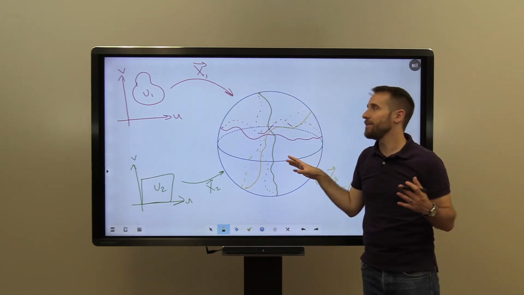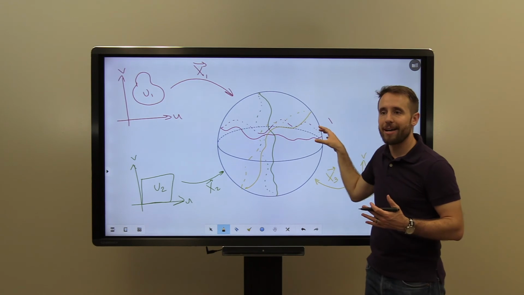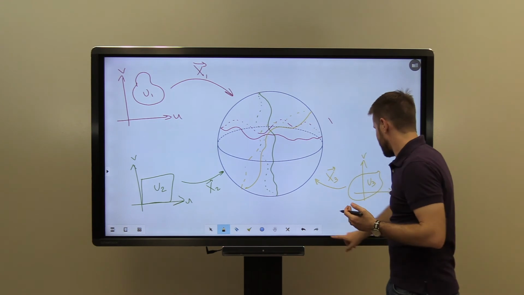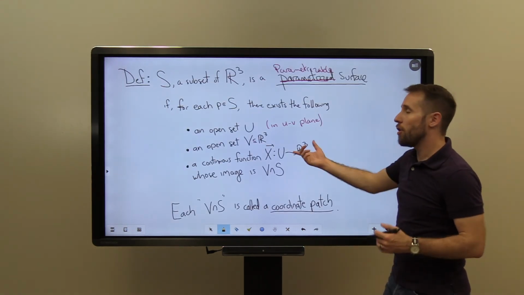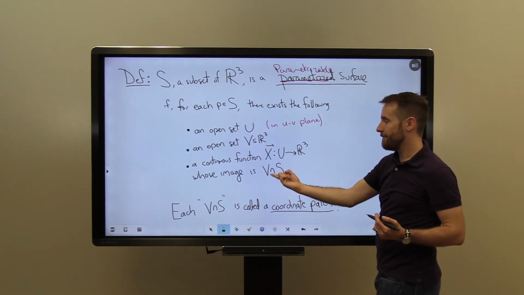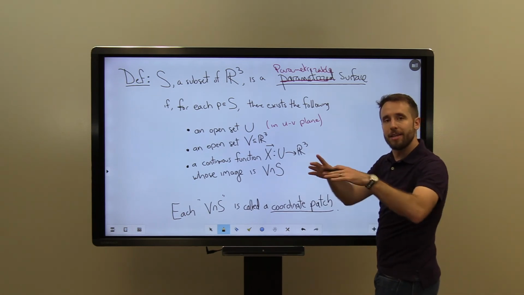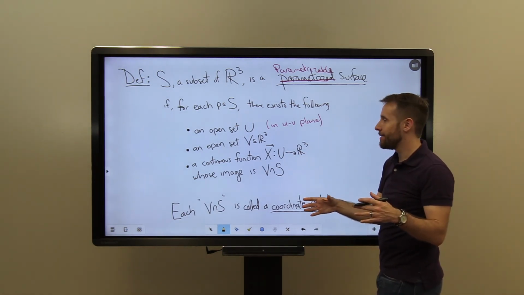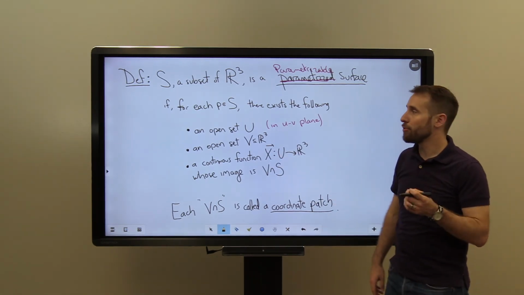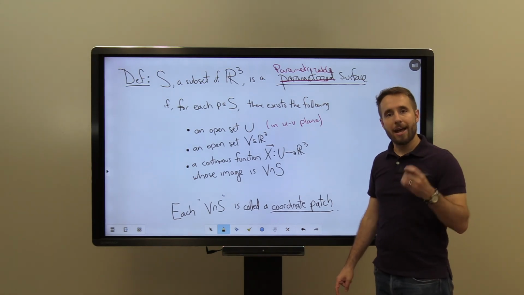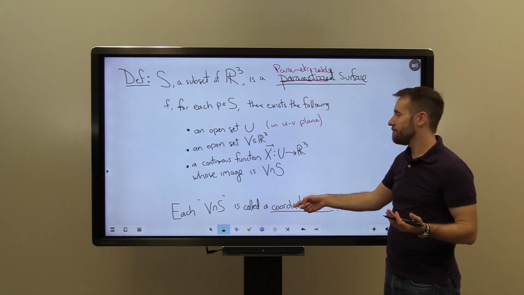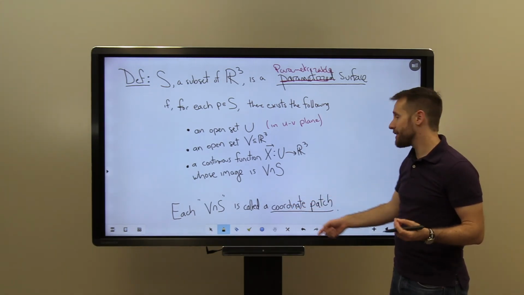And so that allows me to define this piece up here, this coordinate patch, as the intersection of this open set and this parameterized surface. Okay, so our open set is in R3, and then this intersection, V intersect S, will be the coordinate patch on the sphere that gets mapped to by our function capital X. And so these are the three ingredients that we need, and we have to make sure that every point on our surface has these three associated objects.